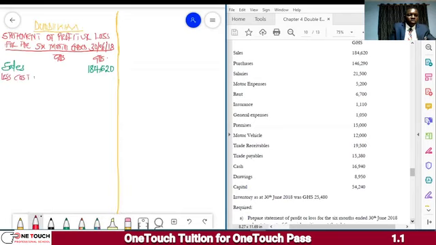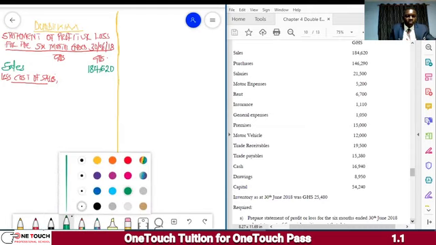So I move on to cost of sales. Okay. Now, how much did it cost us to sell these goods valued 184,620? Good. So that is why we learned the concept of opening and closing and the cost of sales. So is there any opening stock?